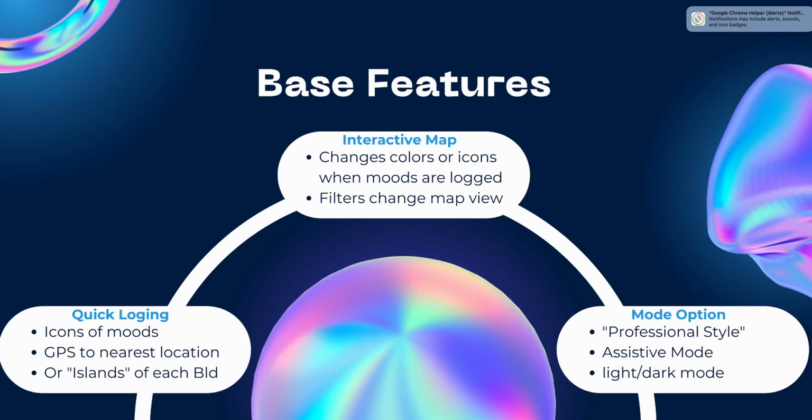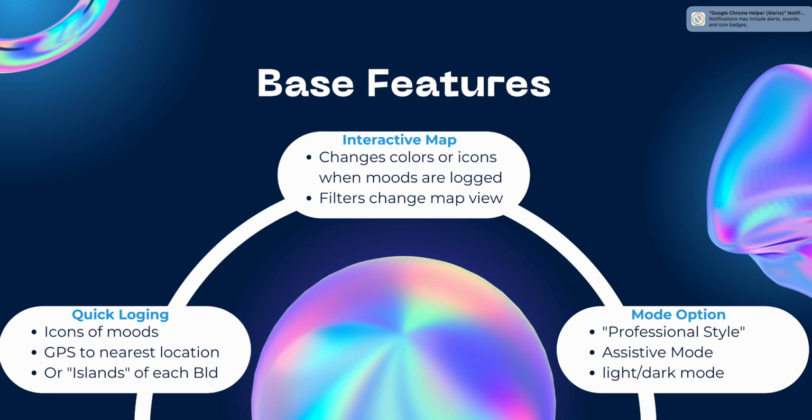For our base features, we're focusing on 3. The first one is the interactive map. Since we're focusing on Cal Poly, users will be able to pinpoint their location, with an option for exact location or just the general area, because some people are not comfortable with exact location.